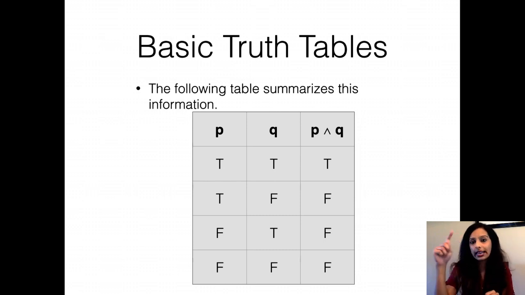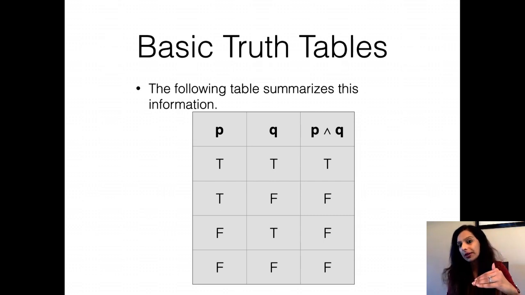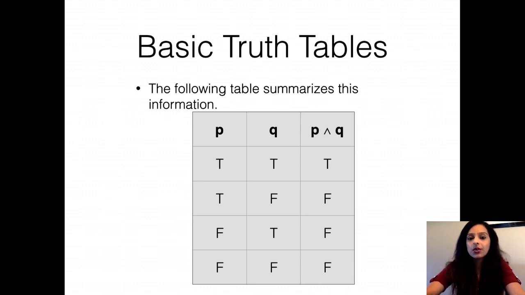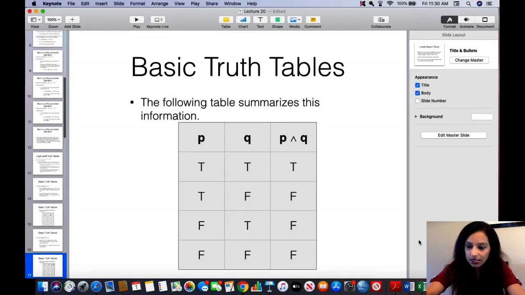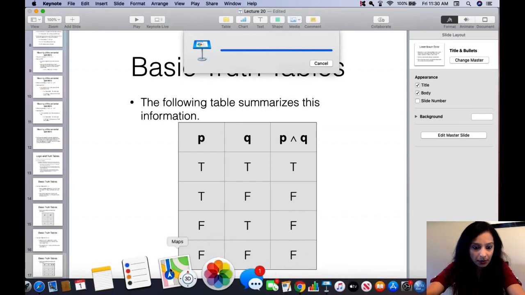So 2 raised to 2 equal to 4. And that's why you get 4 rows over here, right? So P is 1 column, Q is 1 column, and P and Q, which is the conjunction. And so the truth value, let me do this in a Word document so that you can see what I'm talking about.